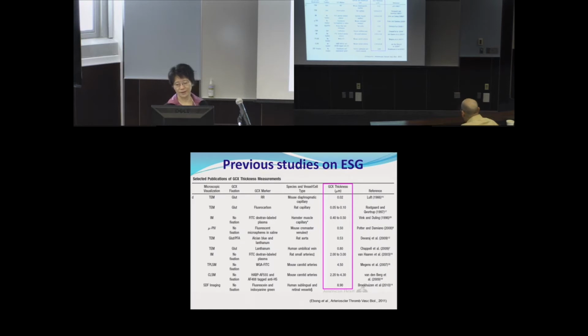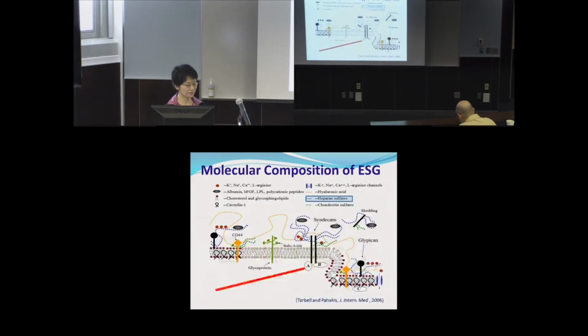Even though we understand that different preparation and visualization methods induce this kind of discrepancy, can we develop a better method, especially for a fresh or live vessel? That's the initiation of the first project.